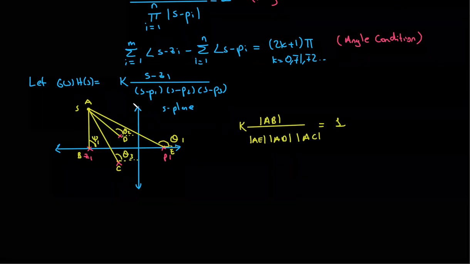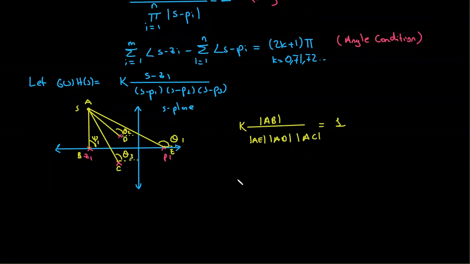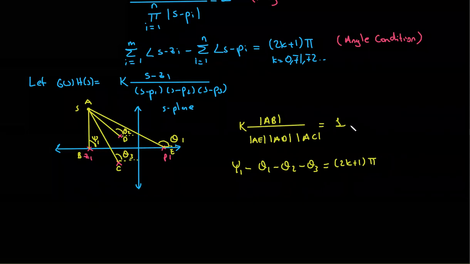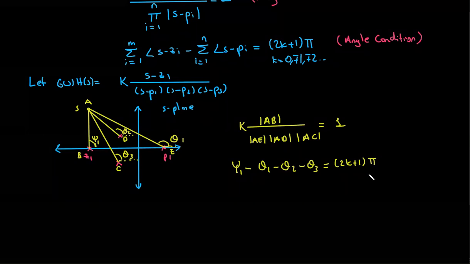So it will simply say that the angle of s minus z1 is equal to psi 1, and minus angle of s minus p1 is equal to theta 1, angle of s minus p2 is equal to theta 2, and angle of s minus p3 is equal to theta 3, and that should be equal to 2k plus 1 times pi, an odd multiple of pi. This is the magnitude condition and the angle condition.